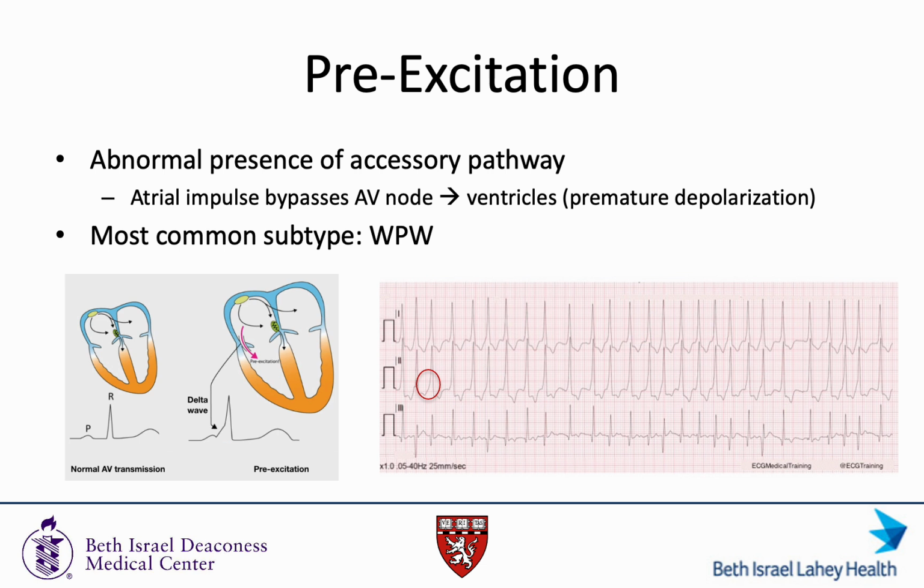Note that because bypass tracts usually insert at the base of the ventricles, either the right or the left ventricle, the QRS morphology during a pre-excited tachycardia mimics the appearance of the QRS in a ventricular tachycardia that is originating at the base of the right or left ventricle.